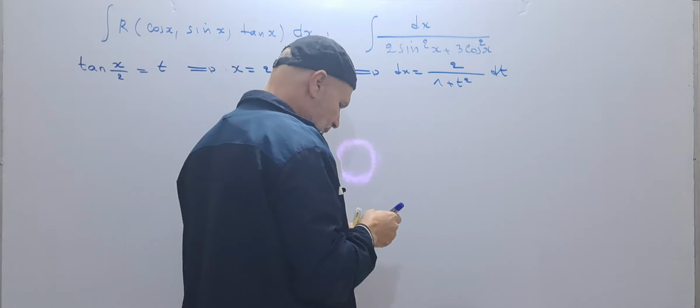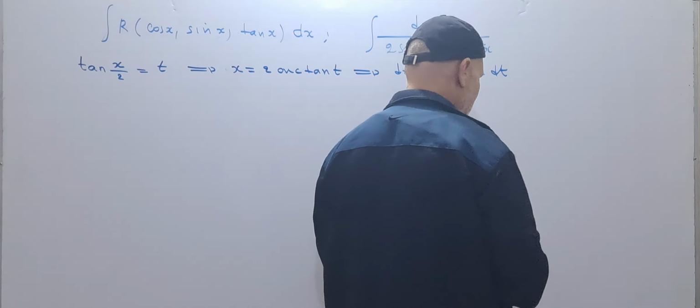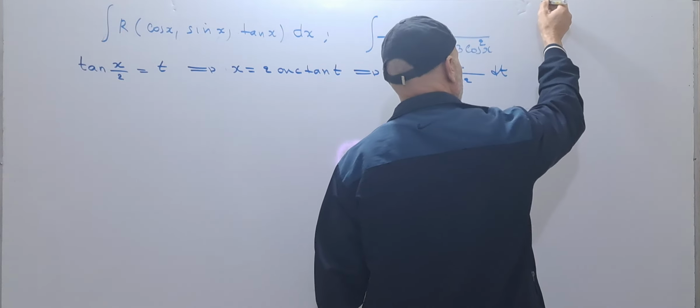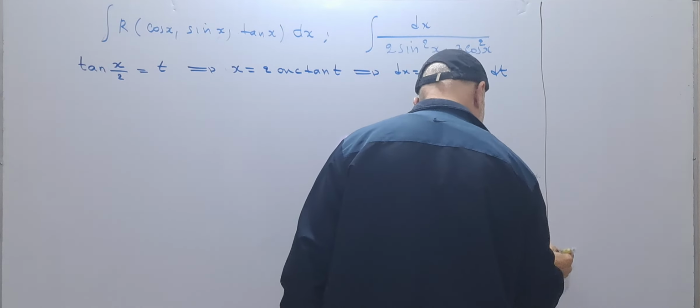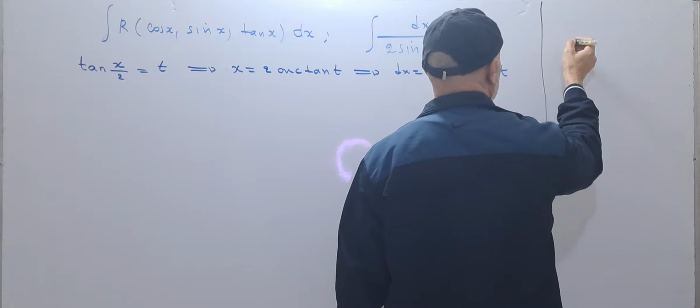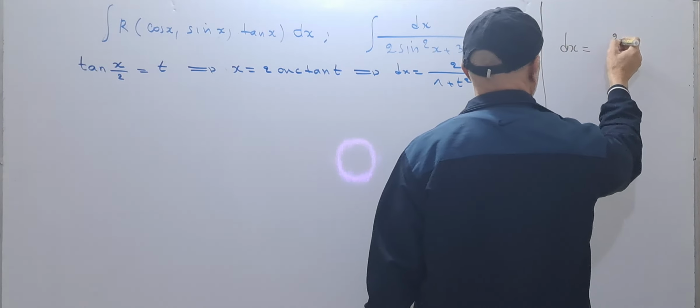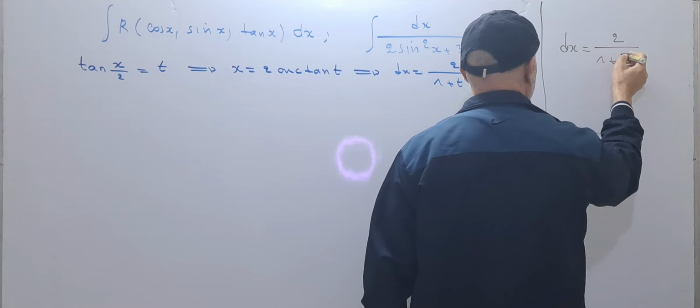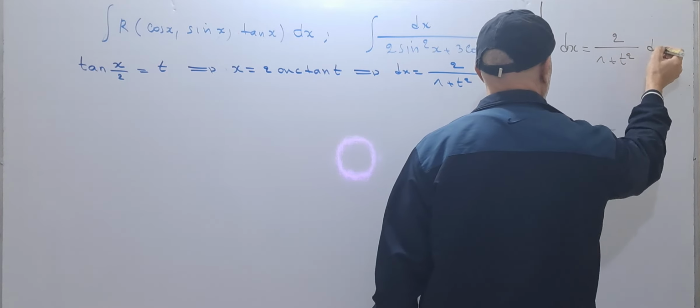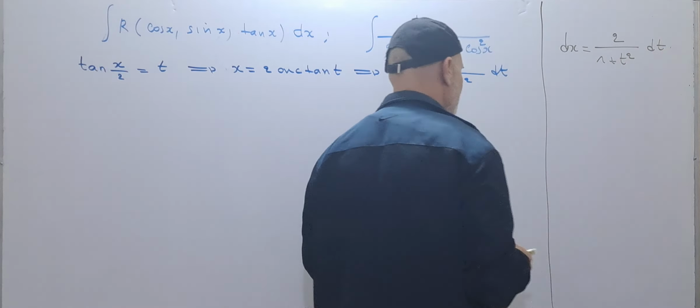So the first formula that we will need later is dx is equal to 2 over 1 plus t squared dt.